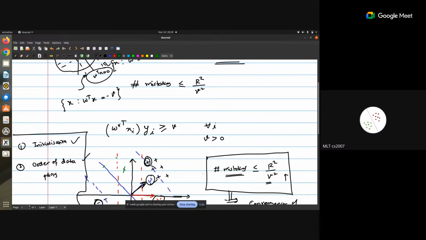Optimal W in the case of perceptron is dependent on a lot of assumptions, right? But we should give some conditions about gamma. What is that gamma?